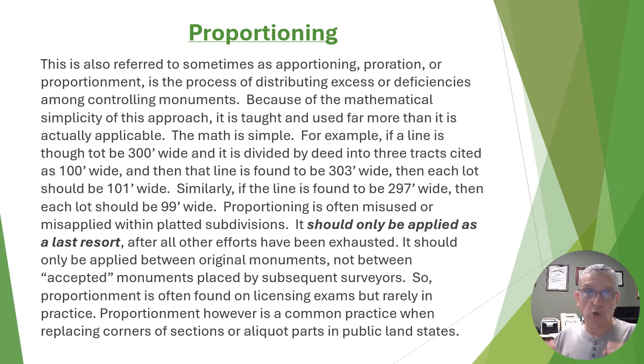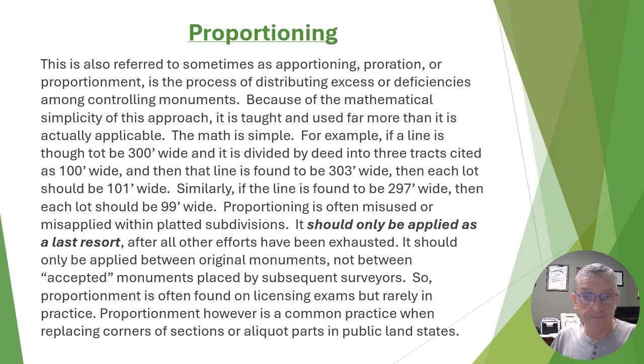This proportioning only applies in a simultaneous conveyance or in PLSS sections and aliquot parts. So in Georgia and the colonial states, this will really only apply to situations where simultaneous conveyancing exists, not sequential conveyancing. Because if the person got 100 feet on the east, 100 feet on the west, the person in the middle might have got 103 feet.